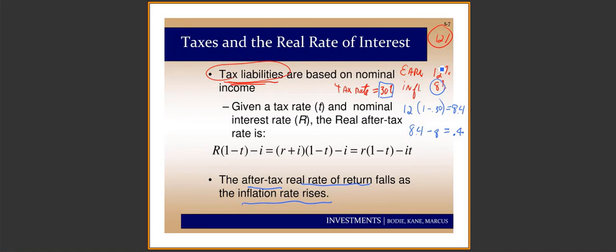So what we see here is that the after-tax real return falls as inflation rises. Okay, so the real return goes down. We already know that as inflation rises. So the real after-tax rate of return goes down as inflation rises.